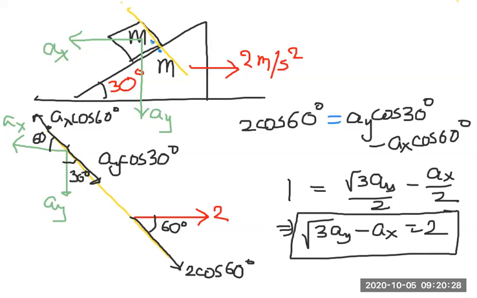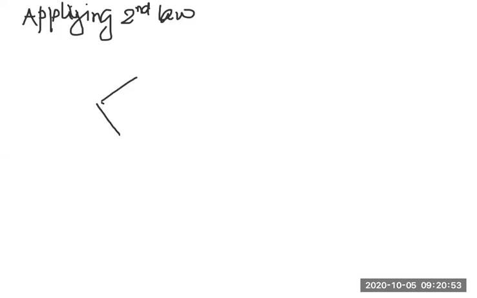Right? Remember, if there are two variables, we need two equations. So for the second equation, what I will do is apply the second law. To apply the second law, I simply draw the two objects.